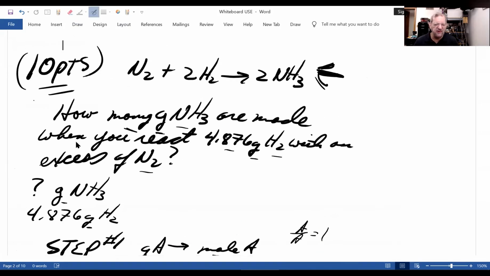And this tells you for every 1 mole of nitrogen, notice you see here in the problem excess. As soon as you see excess of something, you know, ignore it, and I will. But it still tells me every 1 mole of nitrogen reacts with 3 moles of hydrogen. And actually, I made a mistake. I said 2, and this should be 3. Hold on.